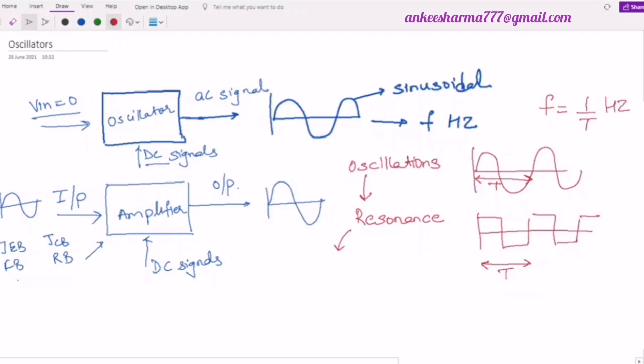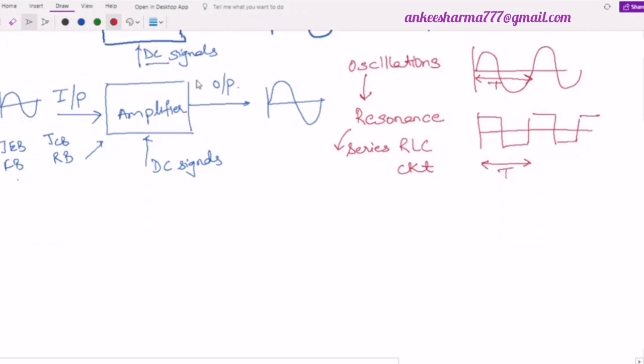If I talk about resonance in a series RLC circuit, it means I will reach a point in frequency where my gain is very large. If I talk about the gain, or simply here the current at the frequency, then I will see here that as I move, my curve is somewhat like this in the frequency.